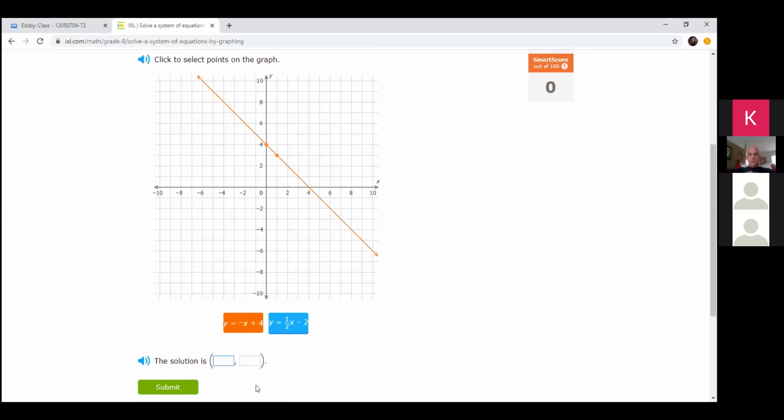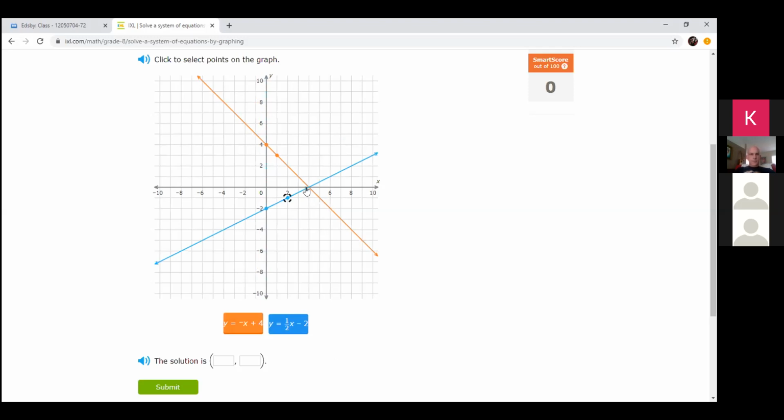What would the solution be for that one? Well, you've got to graph the second line. So go click on the blue. Careful, go back to the orange. Make sure that you click on the right one. Now click on the blue. There you go. Now your solution is where they cross.